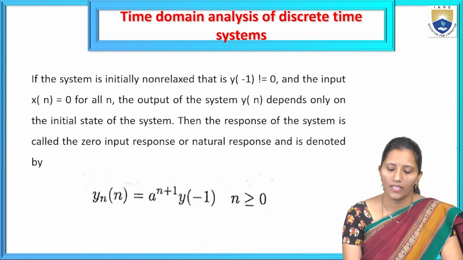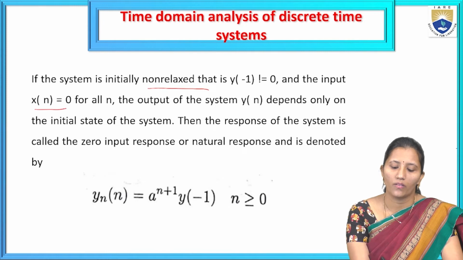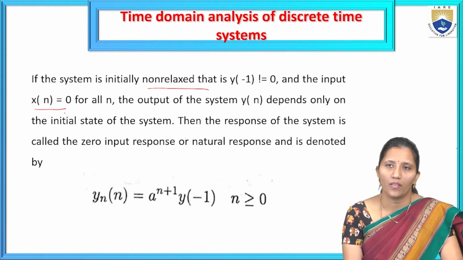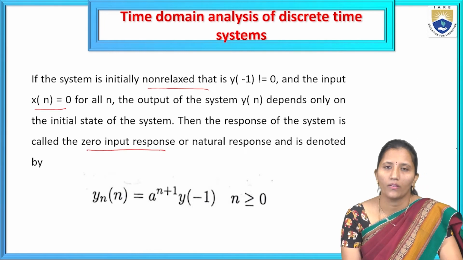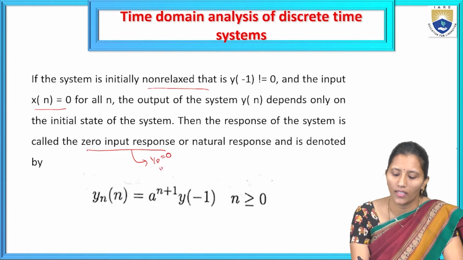If the system is initially non-relaxed, that is y of minus 1 not equal to 0, and the input x of n is equal to 0, then the system response is the 0 input response. We have to find out the 0 input response when the input is equal to 0 and initial conditions are not equal to 0.